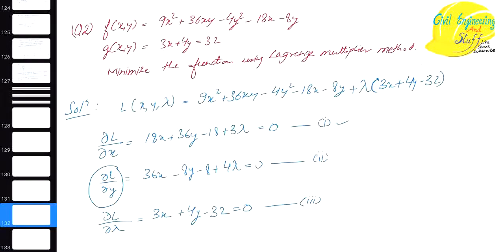Okay, so after this, with respect to x, partially differentiating the constraint will give 3, right, because the equation is 3x + 4y − 32. Again differentiating it with respect to y, the value will be 4, right.